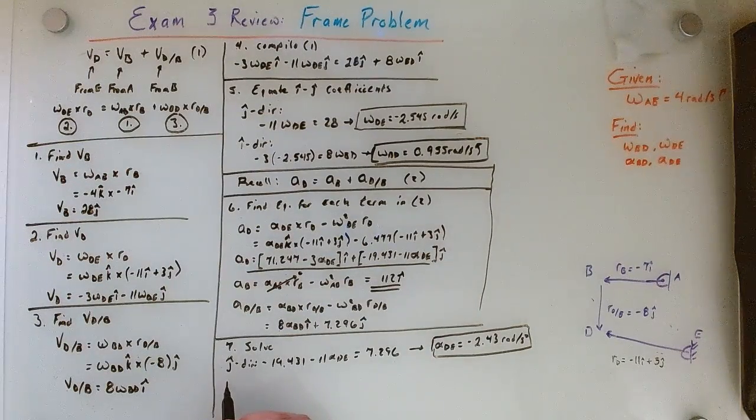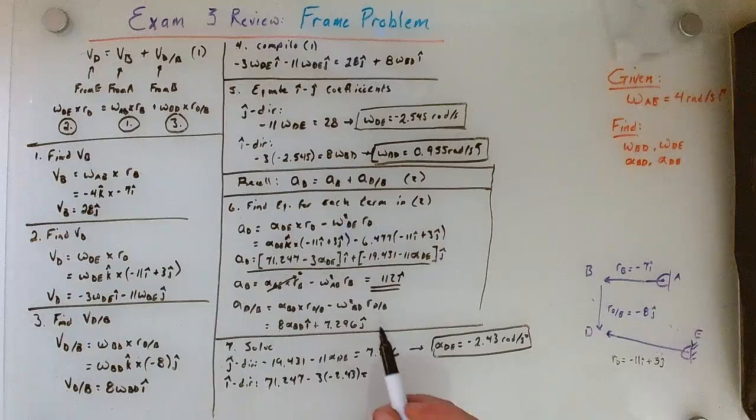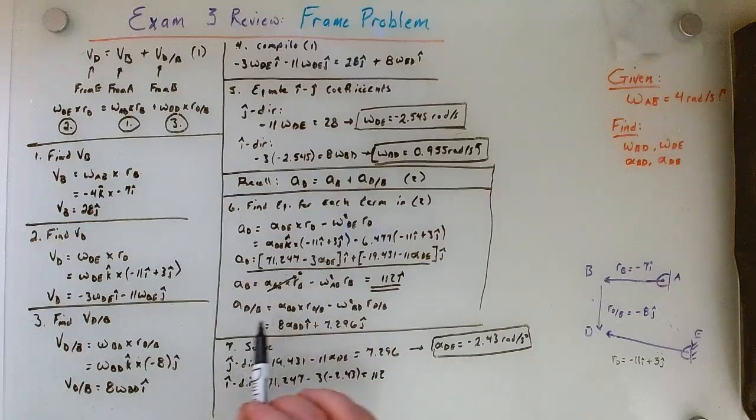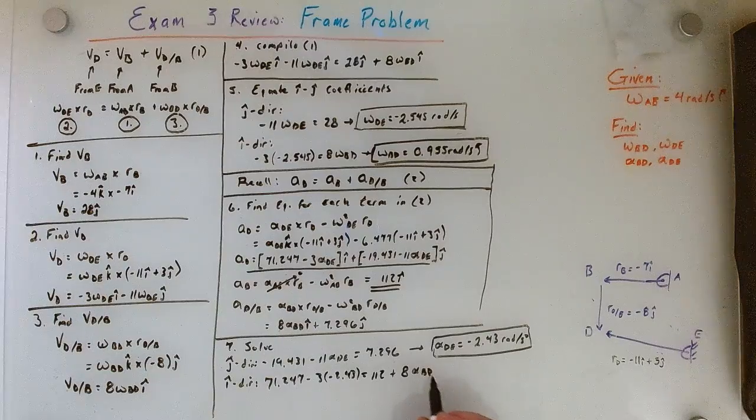Similarly, we're going to do the I direction. That gives us 71.247 minus 3 times this, minus 2.43, equals A sub B is 112, and A sub D sub B is plus 8 alpha BD.